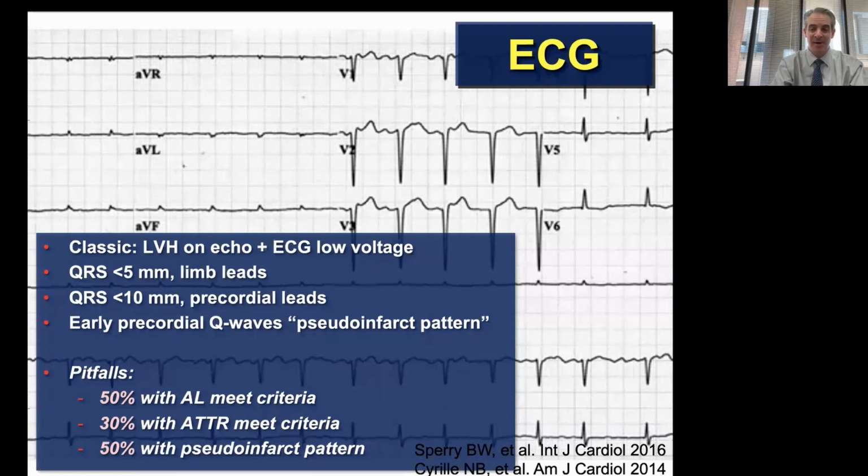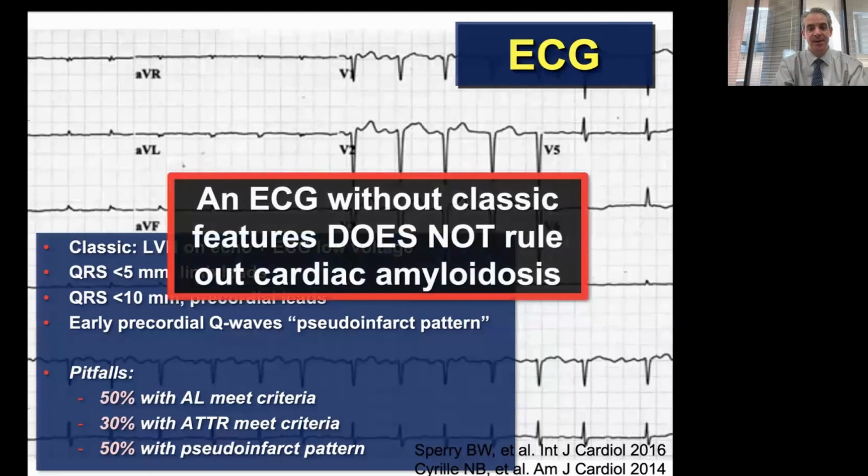Only about half of all individuals with AL meet the low voltage ECG criteria for cardiac amyloidosis. About a third with ATTR meet this criteria, and only about half have this pseudo infarct pattern in the precordium. So in general, an ECG without classic features does not rule out cardiac amyloidosis.